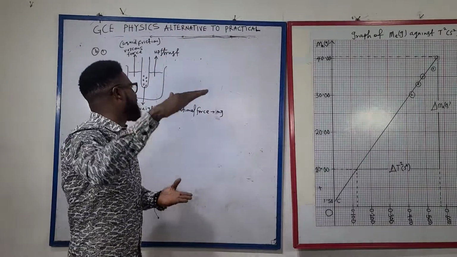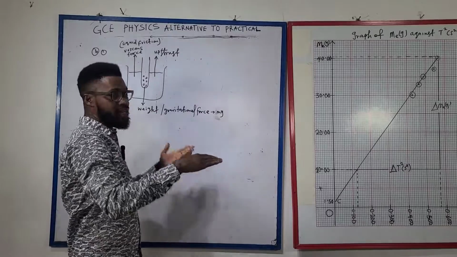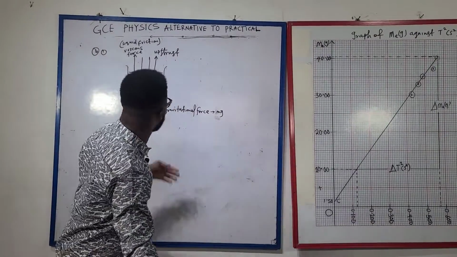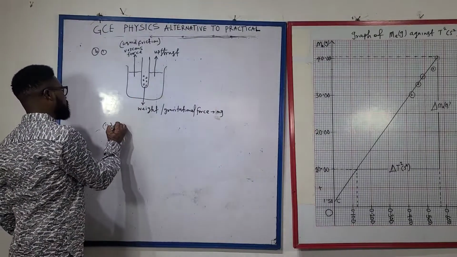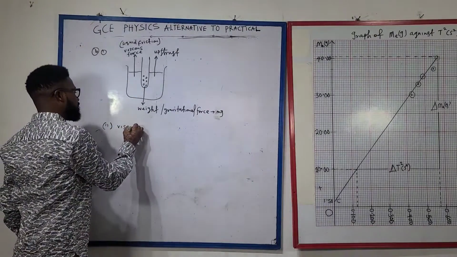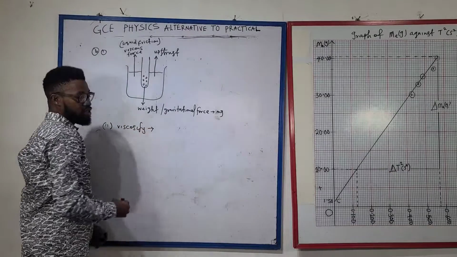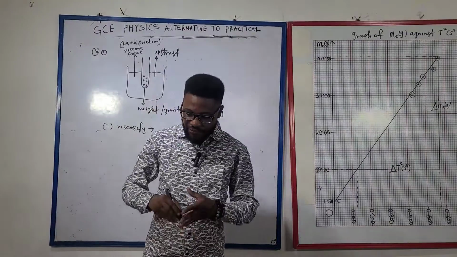So why is it that the amplitude of the test tube decreases with time? It is very simple. It is because of one of the forces that you have here, and the answer to B2 is viscosity. Viscosity talks about internal friction.